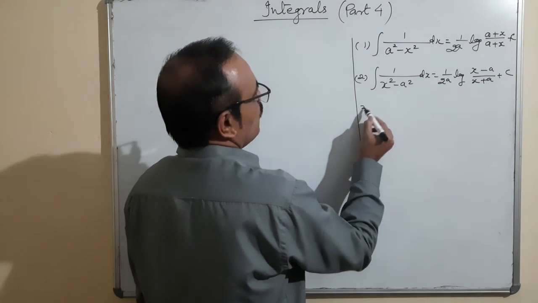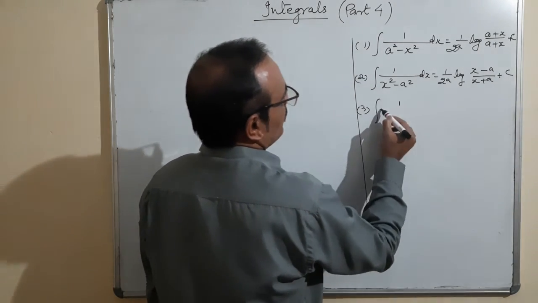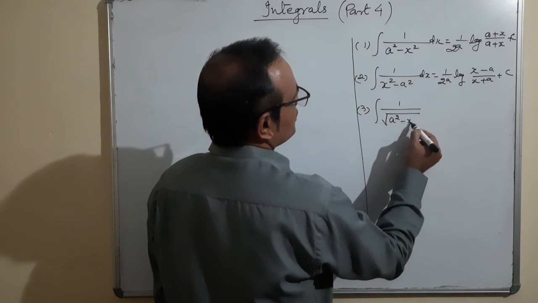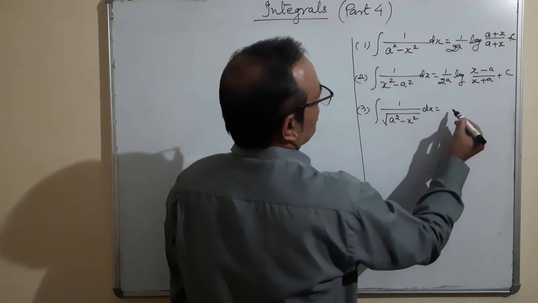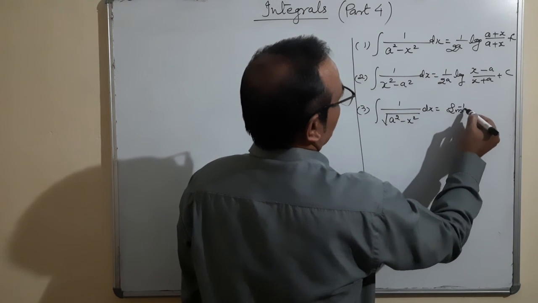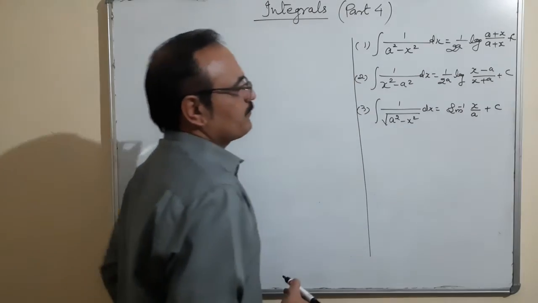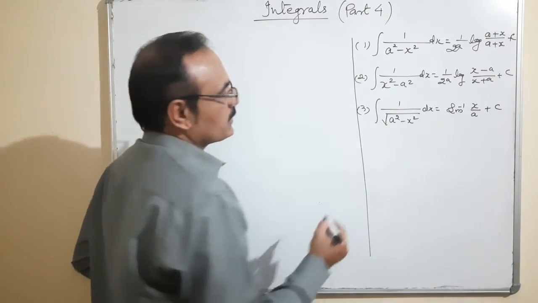Okay. One is 1 upon under root a square minus x square, which is sine inverse x upon a. Don't forget, 1 upon a will not come here.